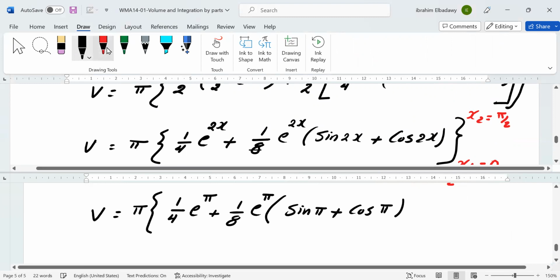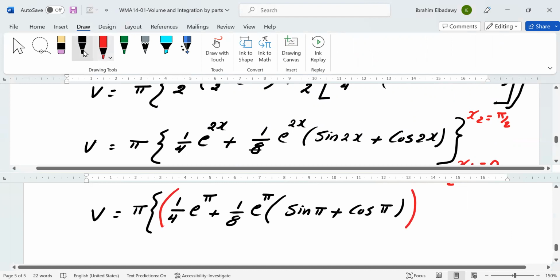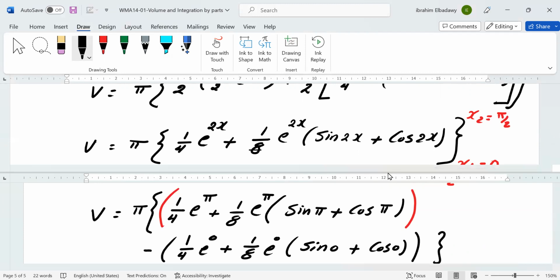So this is the first bracket, okay, minus the second bracket when x equals 0: quarter e power 0 plus 1 over 8 e power 0 times sine 0 plus cosine 0 as well. This is the second bracket, and then close it because all of them are multiplied by pi.